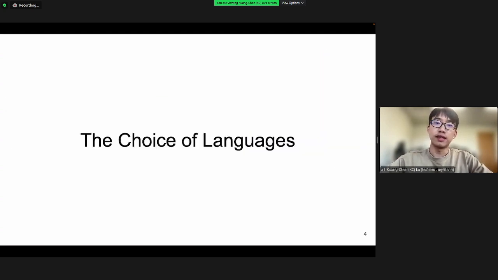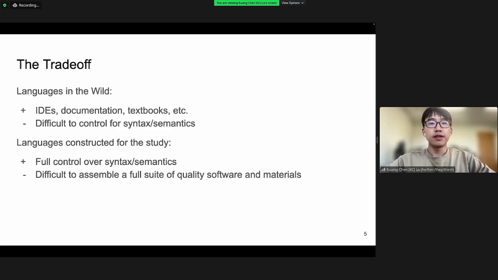So we want to study the impact of syntactic difference and semantic difference. We have to choose a pair of programming languages. There is a key trade-off here. If we use languages that are already widely used, we get all the software and other materials that could be useful, but at a cost. We have no real control over the syntax or semantics and have to get lucky to find a suitable pair.